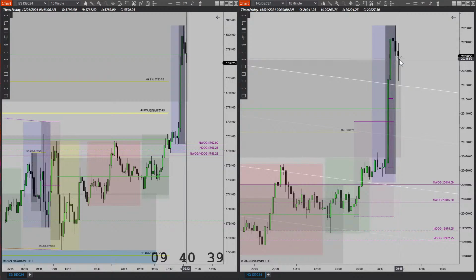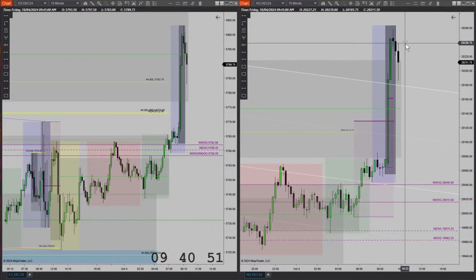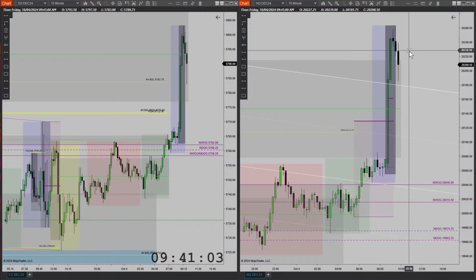I have 5 more minutes until this candle closes. I would like to see price close below this gap here.